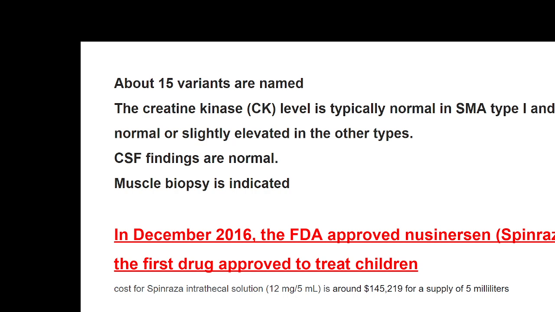The cost of the drug is a big issue. The cost for 12 milligrams in 5 ml is $1,45,219, so virtually that kind of treatment is beyond reach.